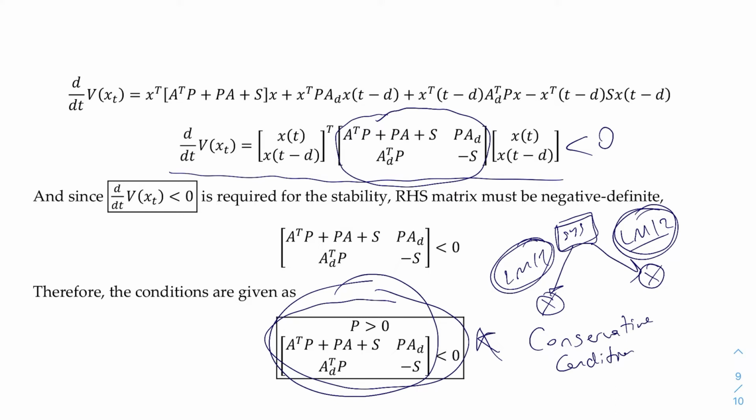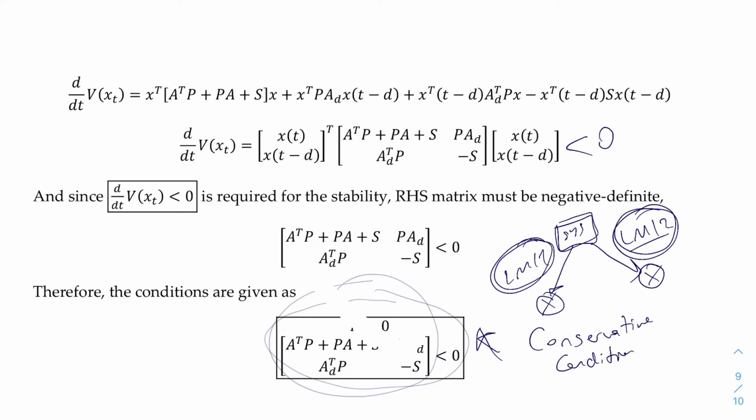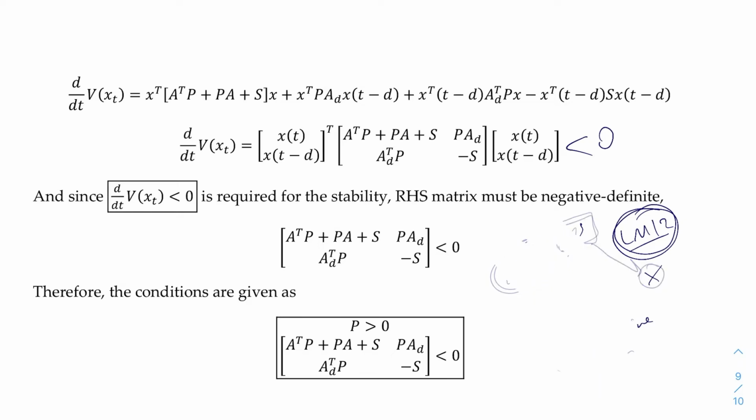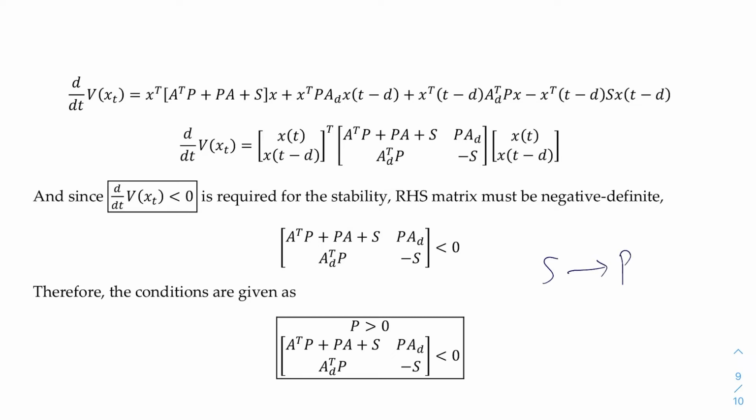And these are sufficient conditions, by the way. If they hold, that means the system is really stable. However, if they don't hold, we cannot actually say the system is unstable.